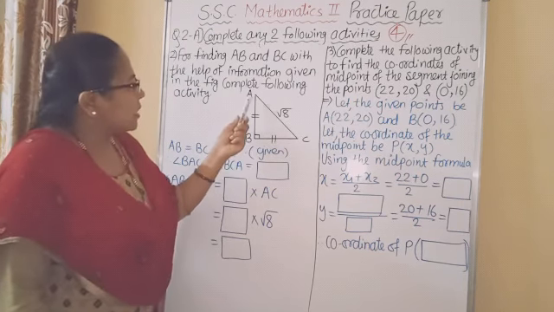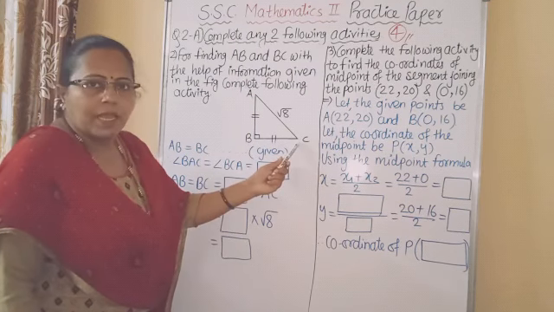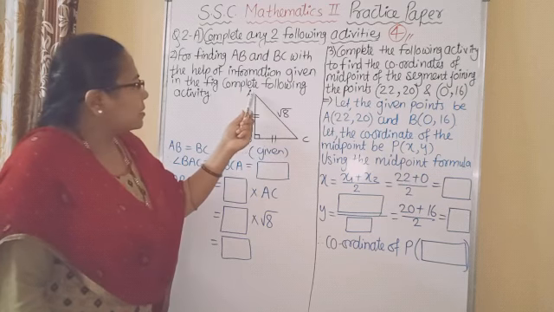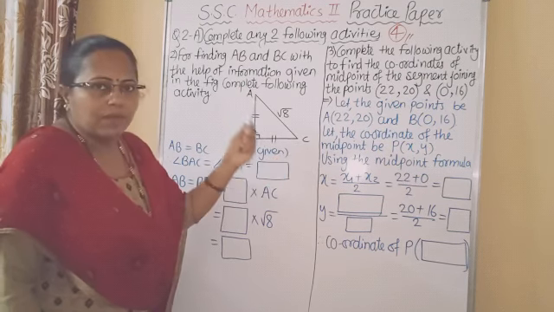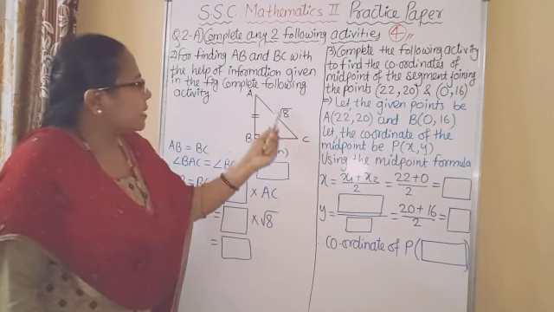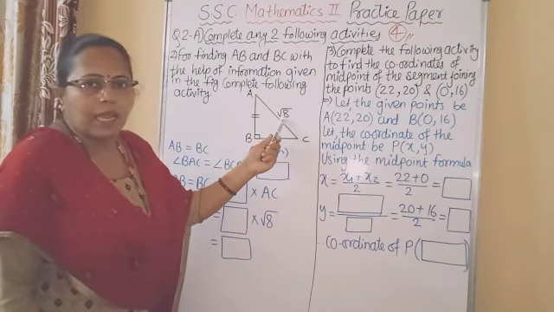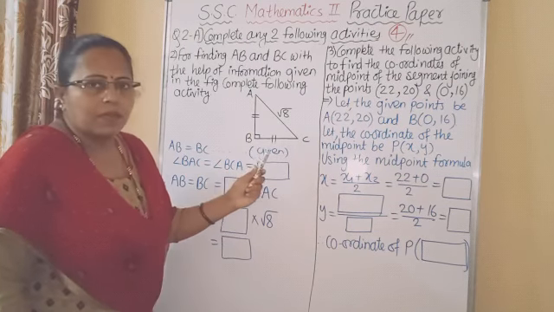In the figure you can see there is triangle ABC. In this triangle, angle B is 90 degrees and side AB and side BC are congruent, equal in length. And this AC is the hypotenuse of the triangle, which is given as square root 8. Okay. So this information is given in the figure.